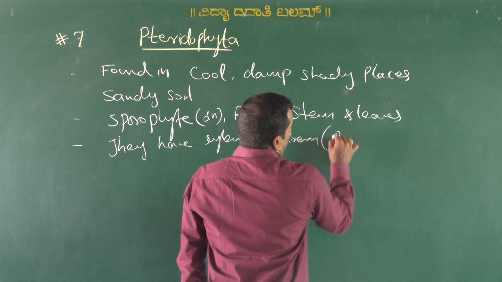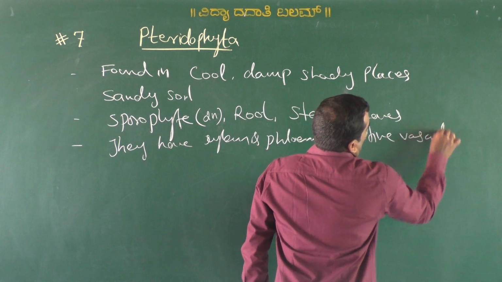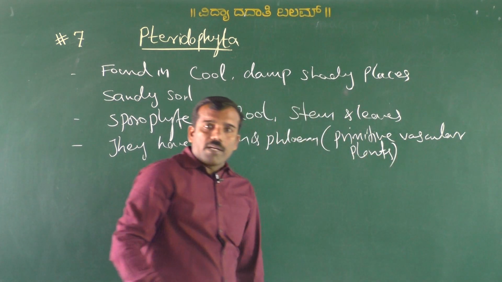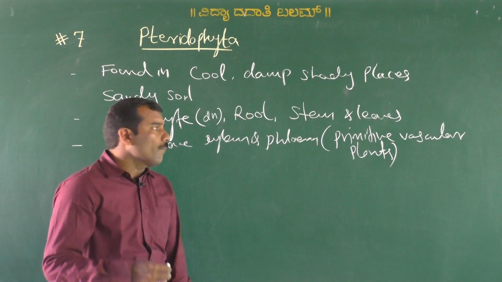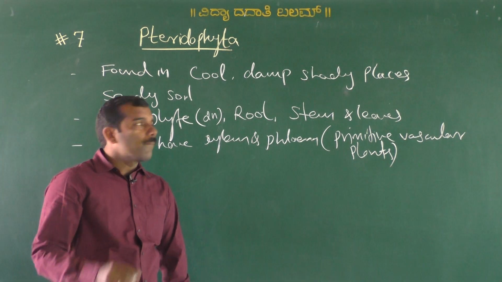They are called primitive vascular plants or tracheophytes because they have tracheids, and so it is called Tracheophyta.